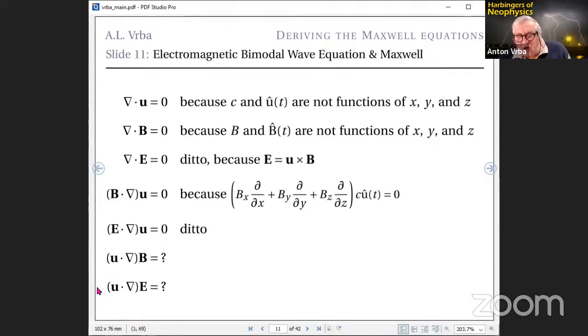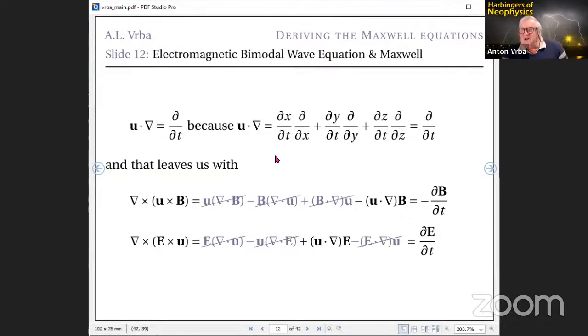Now, what are these terms? The velocity times the gradient multiplied by b and multiplied by e is a simple partial derivative of t, because if I expand this term, I have a dx dt times the partial d dx and the partial d dt, etc. And this all basically is simply d dt.